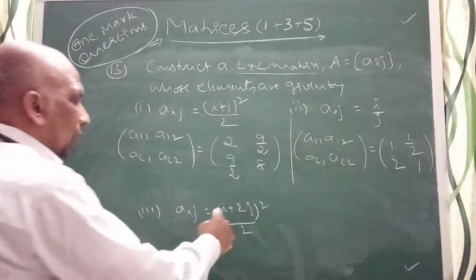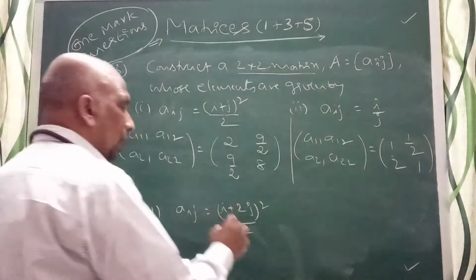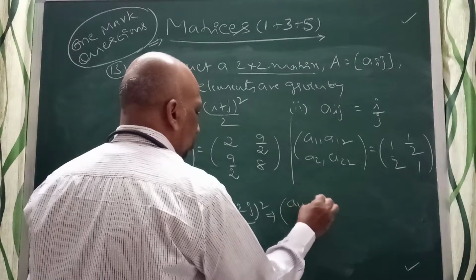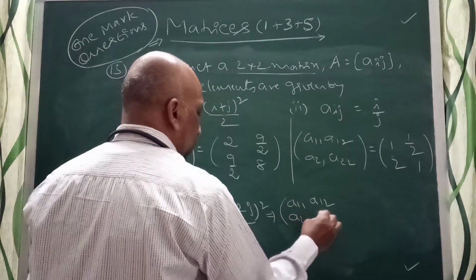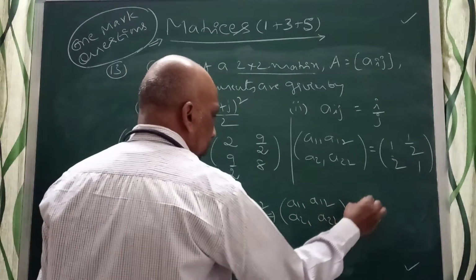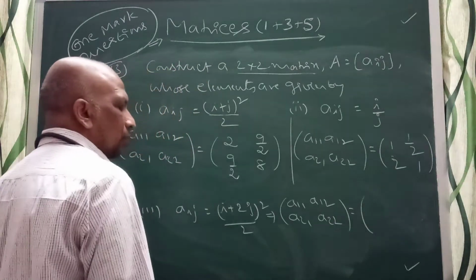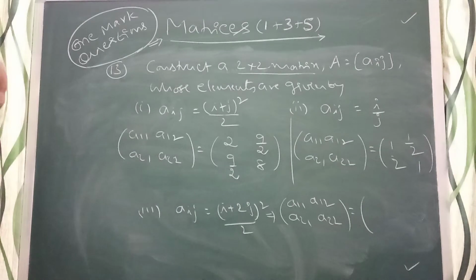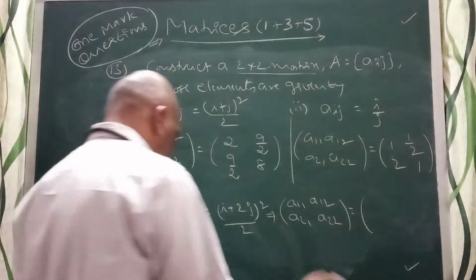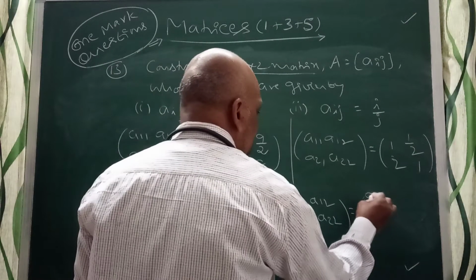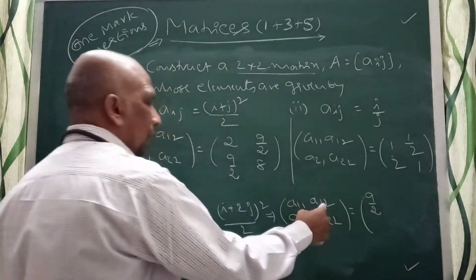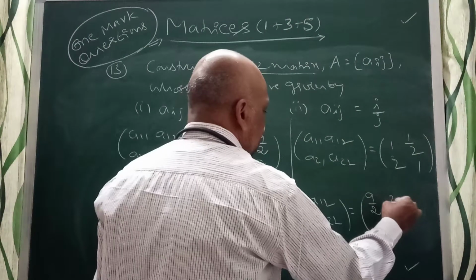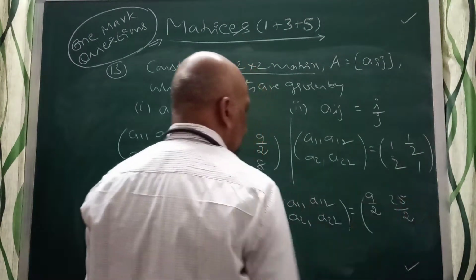Now coming to this, (i plus j) by 2 whole square. If you take this one, in this case you can consider the required answer A11, A12, A21, A22 should be equal to 1 plus 2. You will get 3. 3 square, you will get 9 by 2. Correct, the result will be 9 by 2. Very good. Again, A12, 1 plus 4, 5. 5 square, 25 by 2.